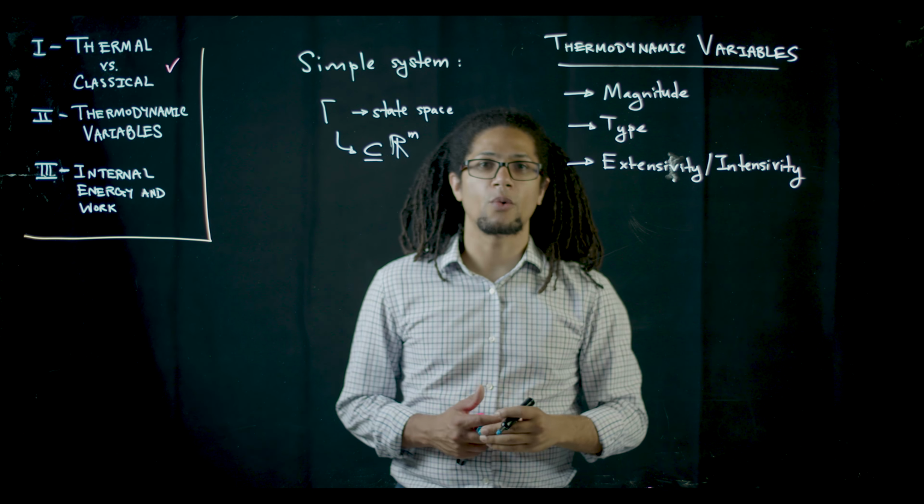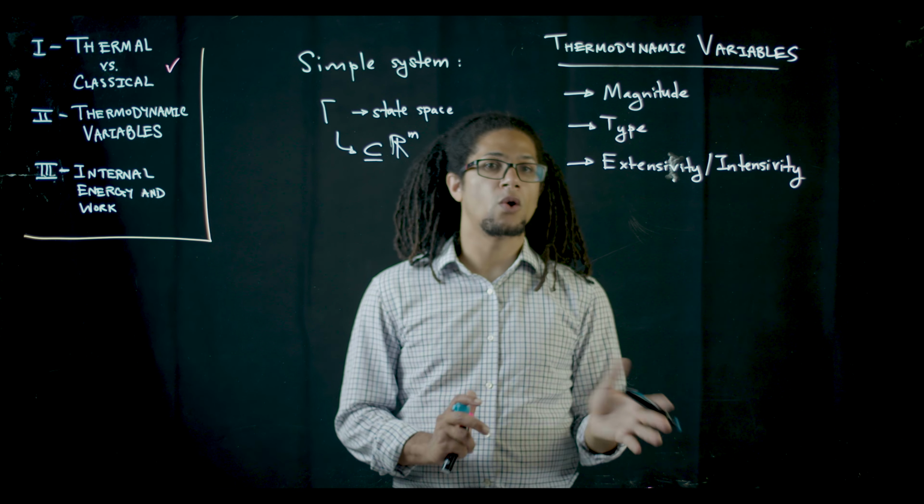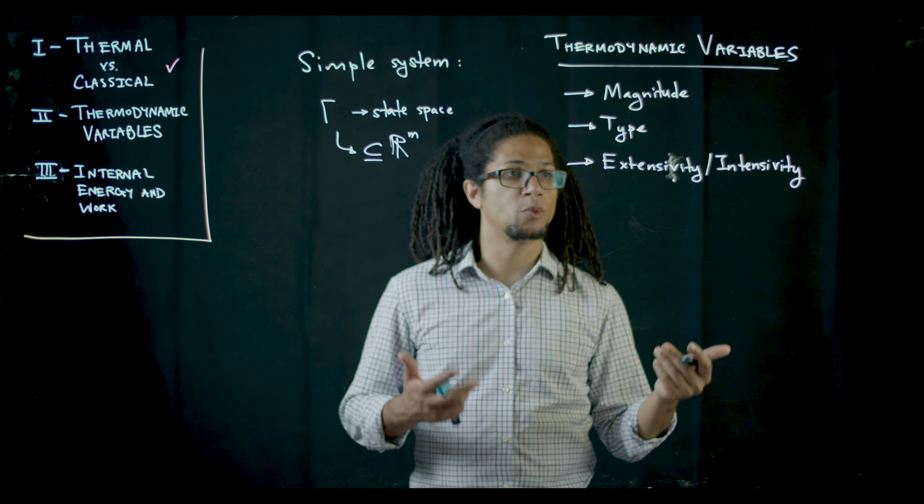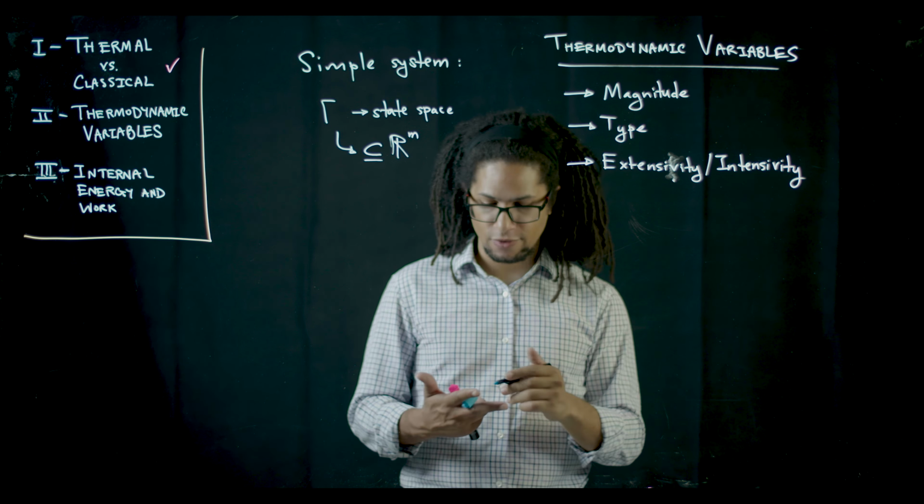Now, it's important to note that within the model, there is no way that you can tell whether a variable will be extensive or intensive. There's nothing that you can use to derive the extensivity or intensivity within the model. It's just something that you need to know. But when we make these correspondences to the real world that we actually live in, it's important that we know when something is extensive or intensive.